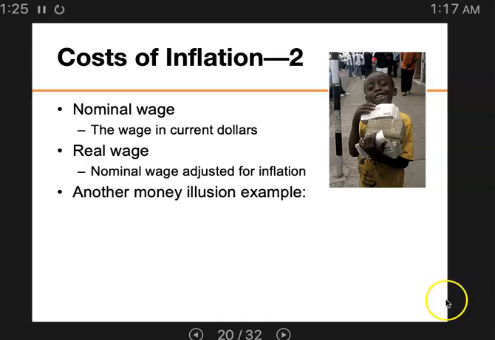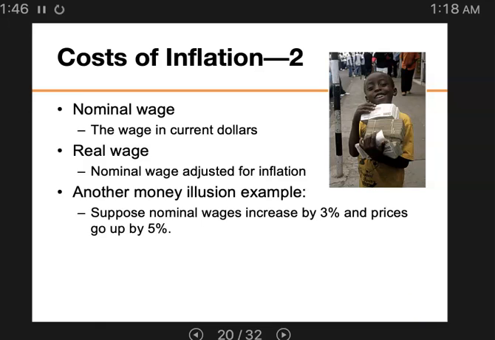So if the price level, say, increases more than your nominal wage, then that is a real wage cut. If the price level increases less than your nominal wage, that is a real wage increase. If the price level and the nominal wage increase by the same amount, so there is no change in the price level, there is no change in the real wage.